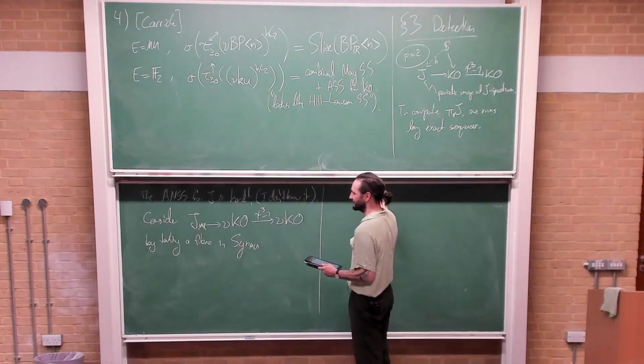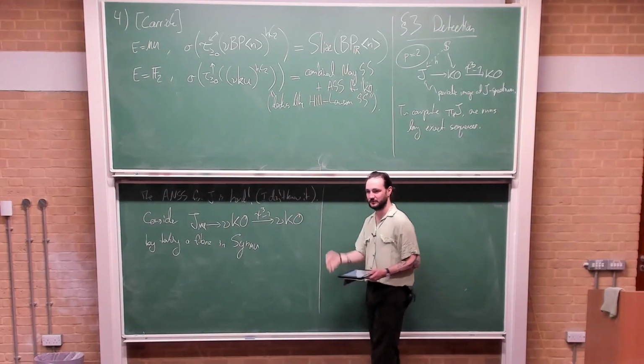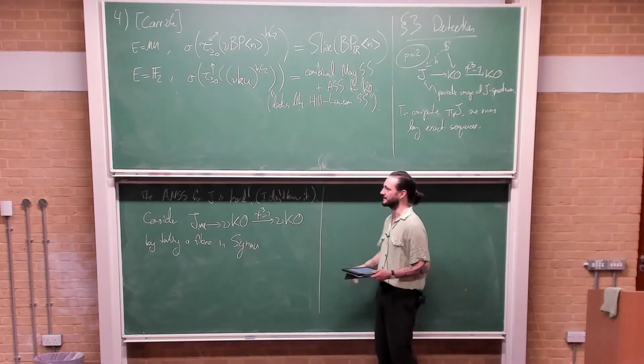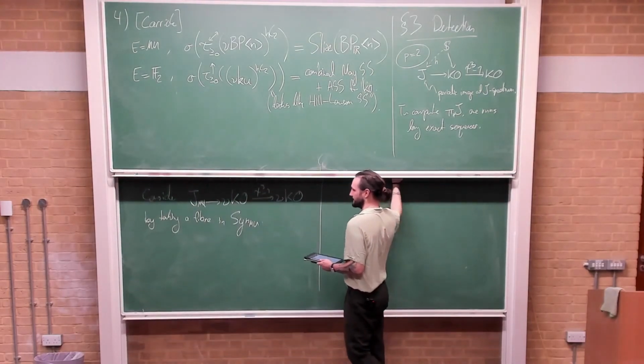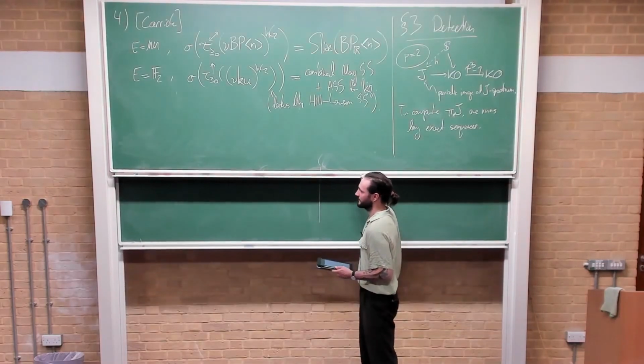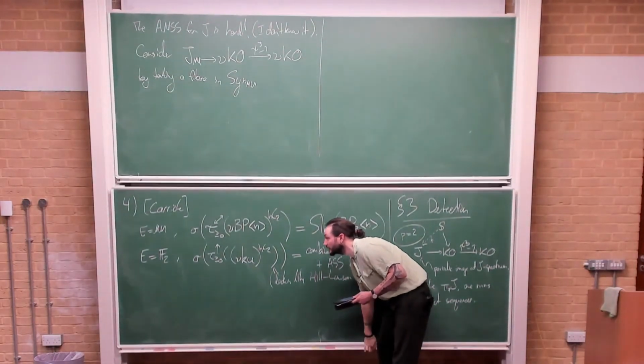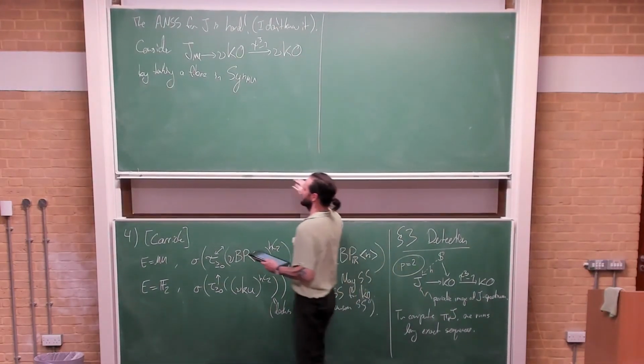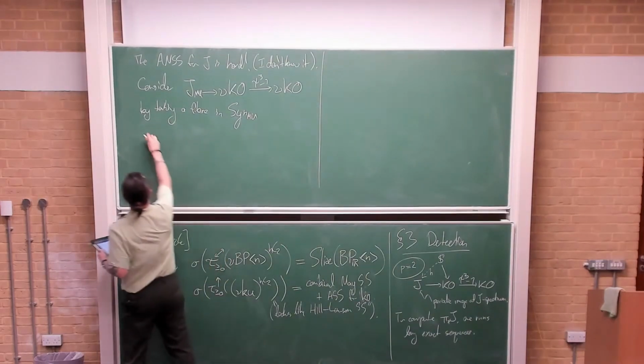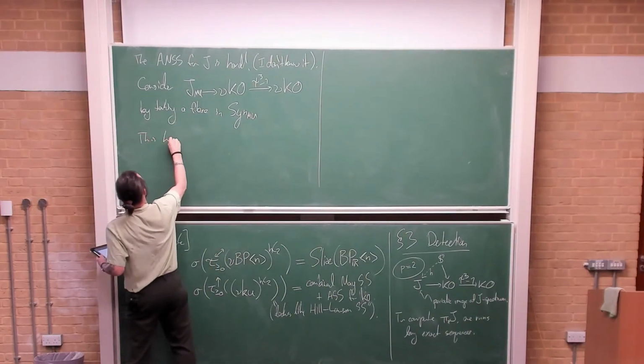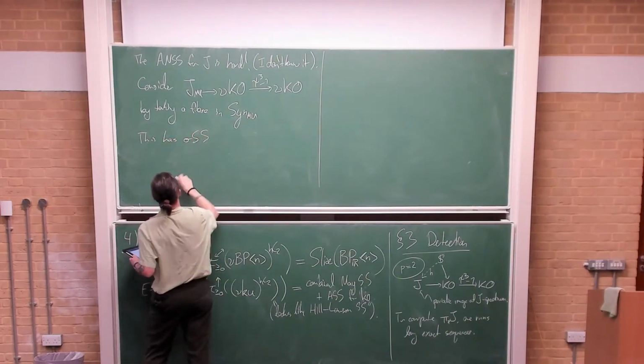Okay, so what does this give you? Well, let's just try to compute the signature spectral sequence associated to this guy. So what is it going to be?